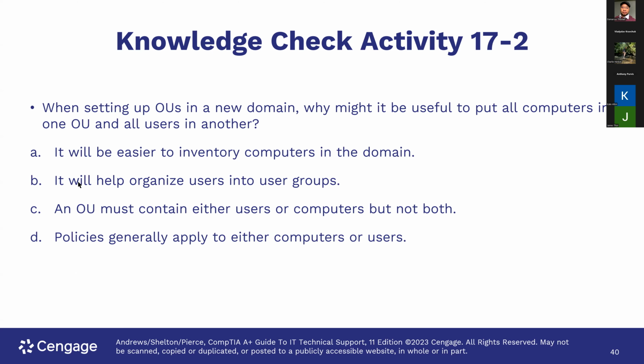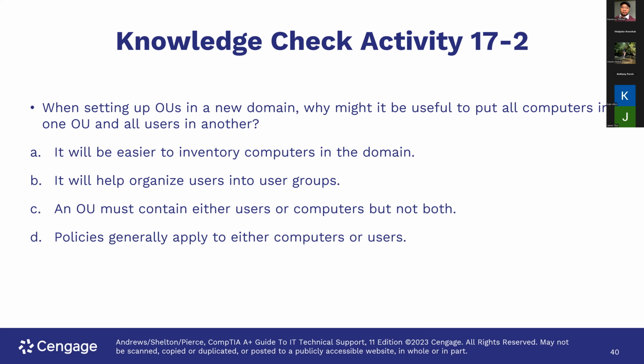All right, we've reached a knowledge check. When setting up OUs in a new domain, why might it be useful to put all computers in one OU and all users in another? So we're setting up the organizational unit in a new domain.